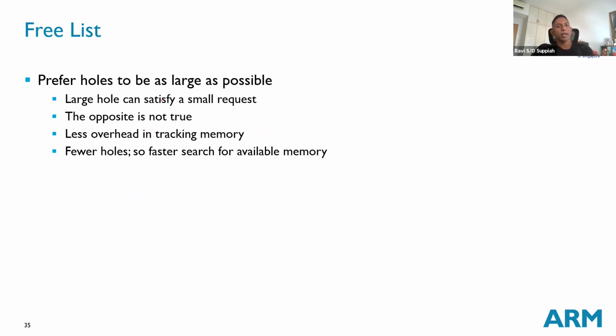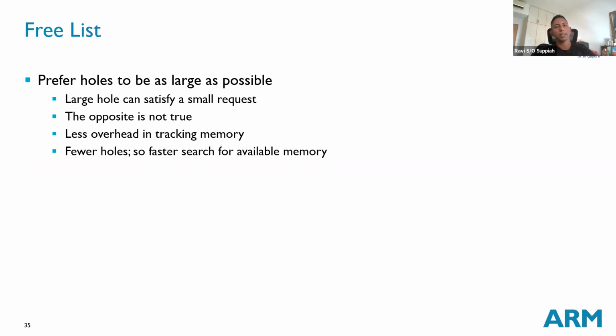So in a free list, you can look at how to allocate the holes. Which section of memory is used depends on the policy, which we will come to a bit later.